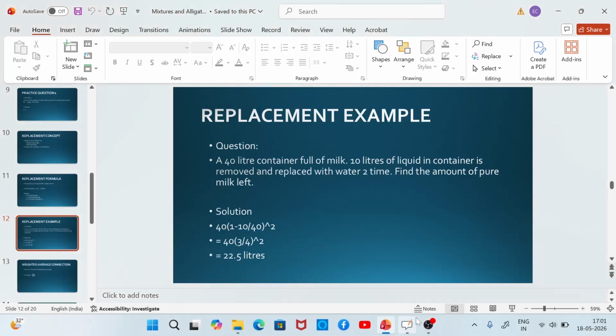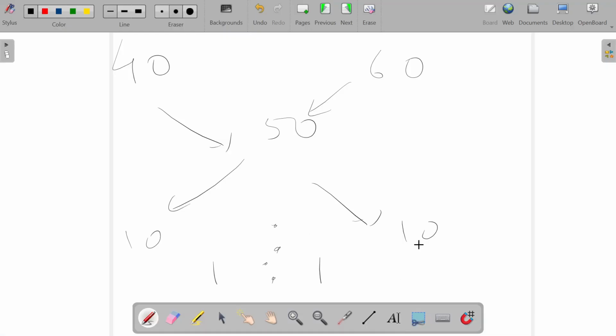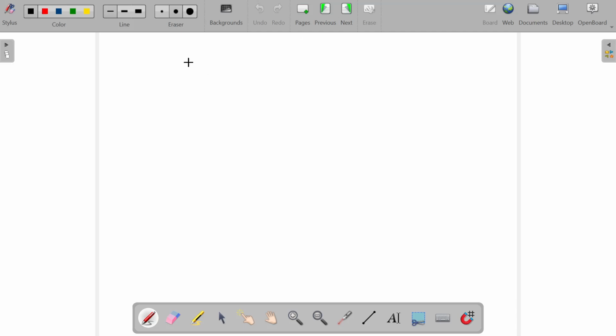We have 40 liters of the liquid. So that is our initial quantity Q. And how many times it is removed? 2. And every time how much is removed? 10.